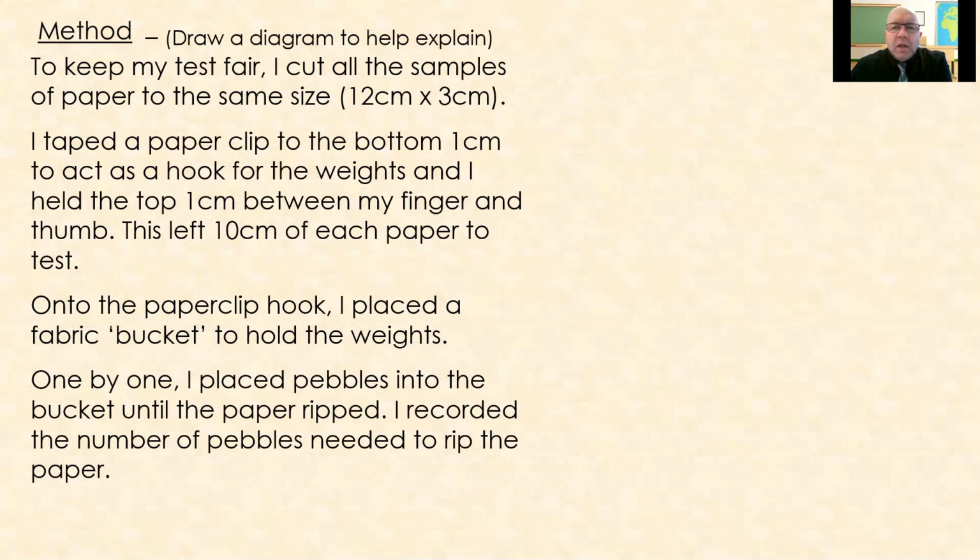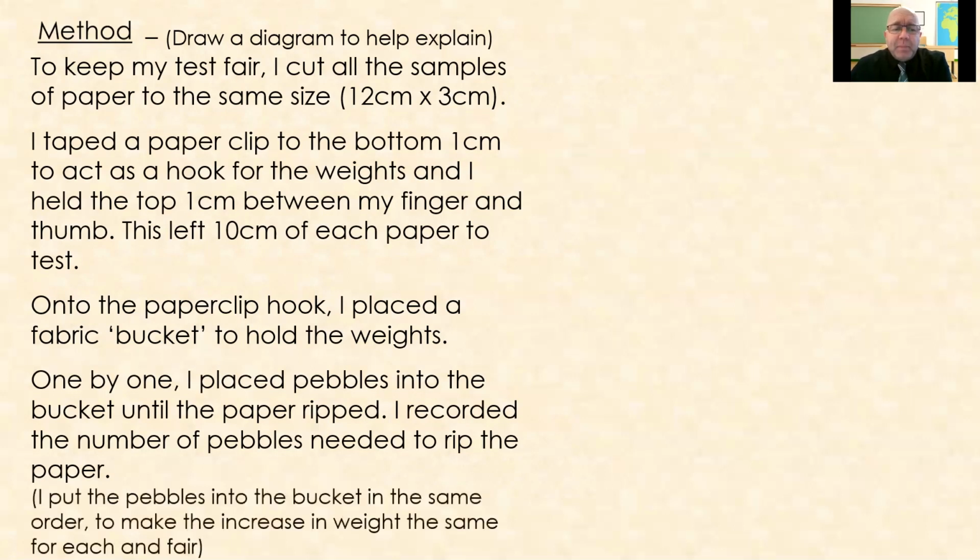Looking around the house, actually just outside the back door, I collected some pebbles, and they became my weights because I didn't have any measuring weights around the house. I just needed some objects that would be heavy enough and that I could count into the bucket. Now, you might be thinking that all the pebbles might be different weights, and you'd be right.